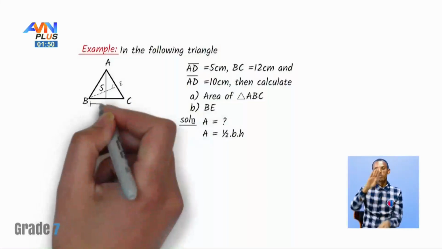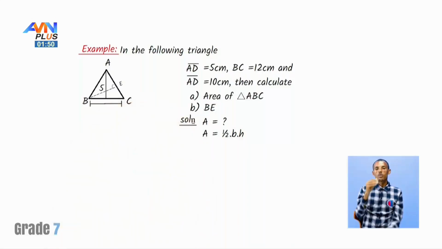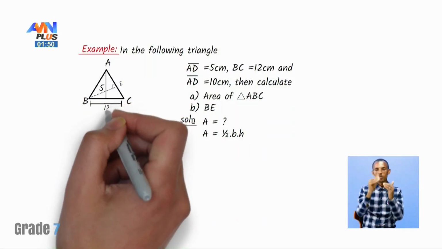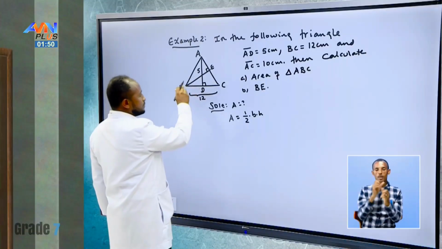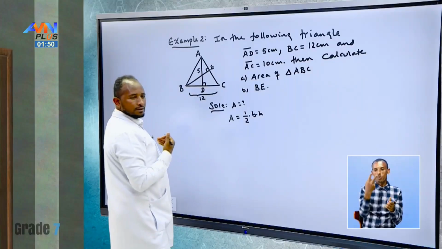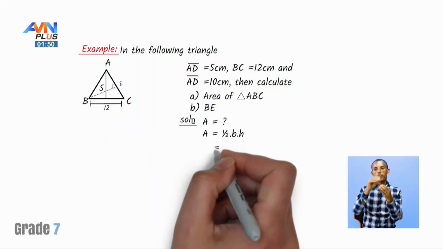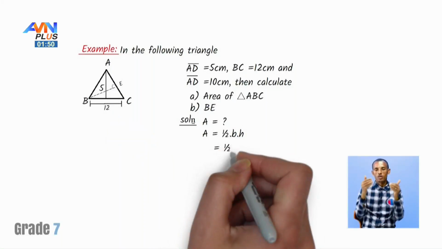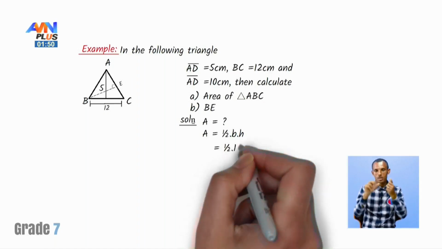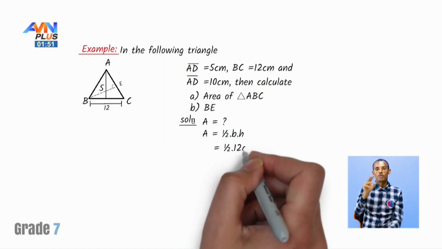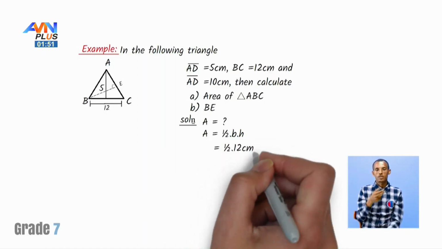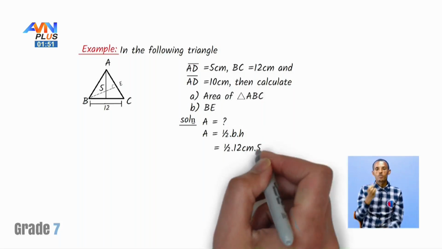BC, this length, is given. BC is 12. So to calculate the area, I can use this base and height. This area will be equal to half times the base, 12 centimeter, and the height, 5 centimeter.